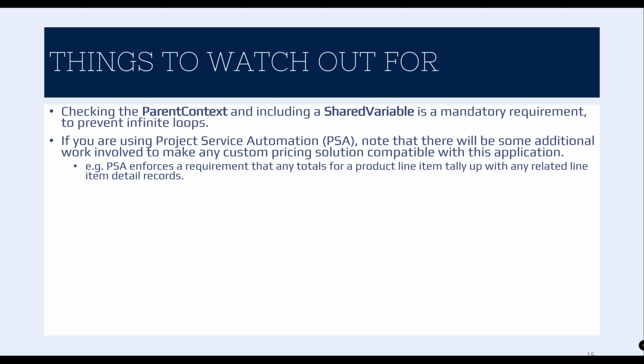You specify the various resources you need as part of a particular opportunity. That's then calculated up as part of detail records onto the line item. And there's some very specific logic in PSA that checks to make sure that your detail amounts total up to any product line amount. If it doesn't, then you're potentially going to start getting errors. So a key thing to watch out for if you are using PSA is that there's additional work you need to do to make sure it all plays nice together.